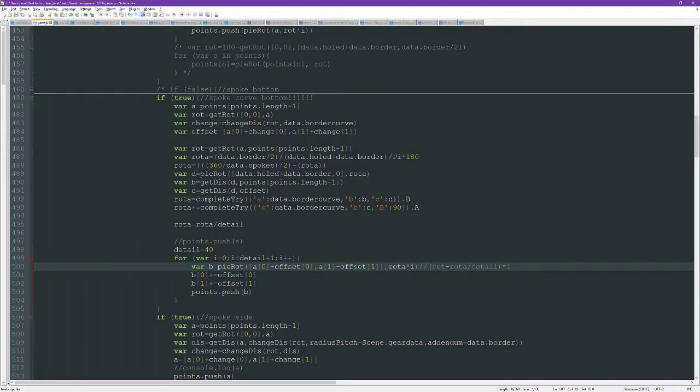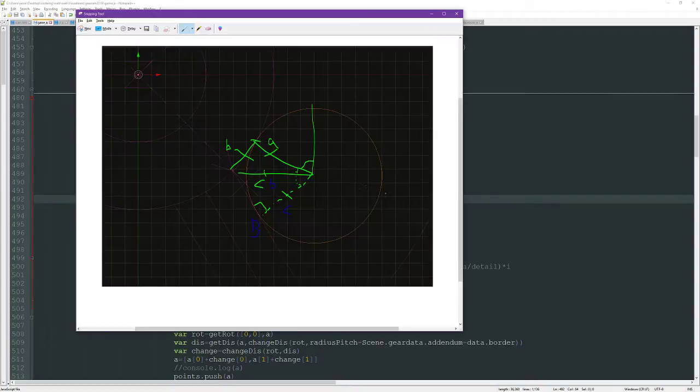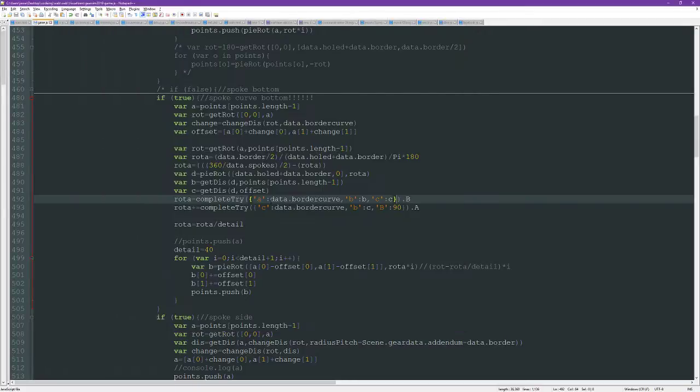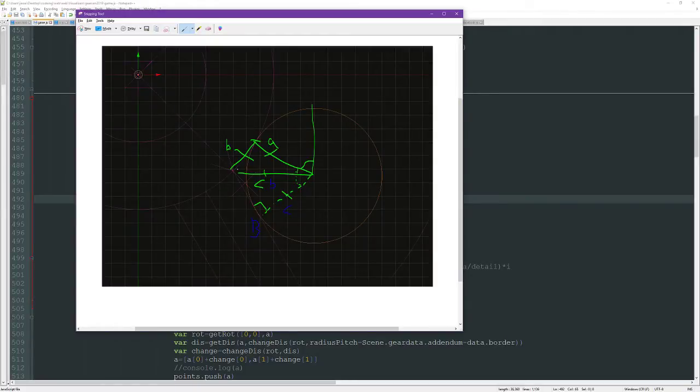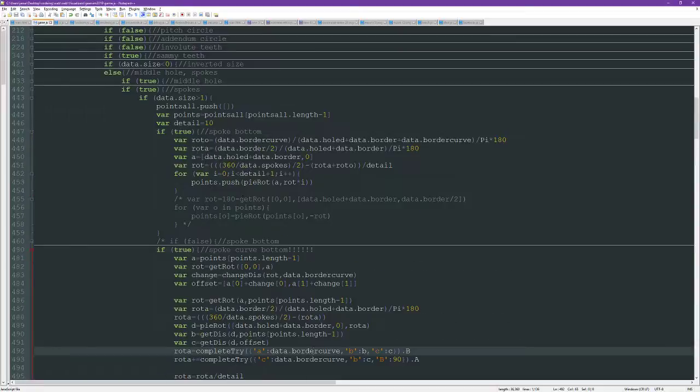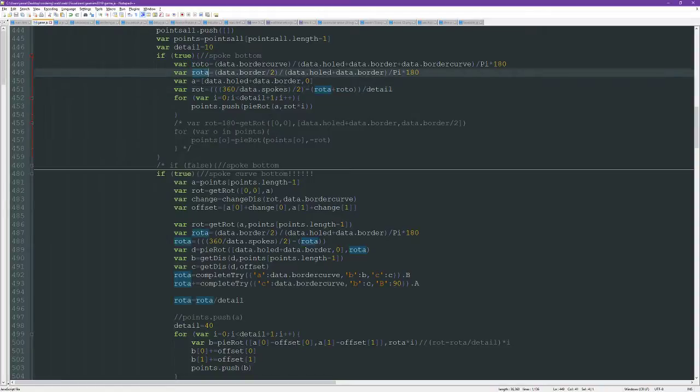What have I done wrong? How could I check these things? I could have a problem with my complete try thing. There's one of them that's broken. So A is definitely that. B is that to that. The endpoint is without the minusing of rot O. So it's rot A, which is half the border.